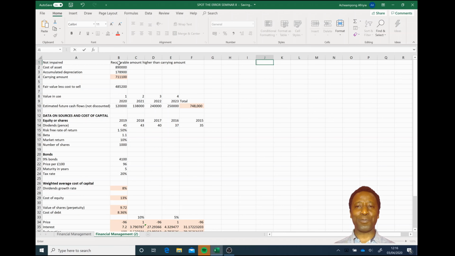But it is so beautiful, it is so fantastic because looking at how you conduct an impairment review in financial reporting brings with it a lot of knowledge and competencies that on this course you've learned in management accounting, in financial management, and for some of you in the audit modules. So I love it, right? This is intellectual stimulation at its best. Right, so let's get on with it.